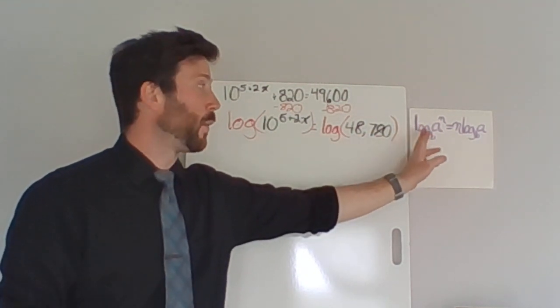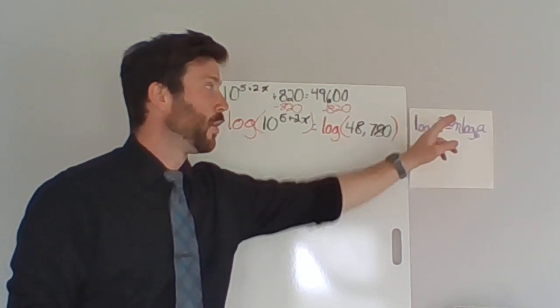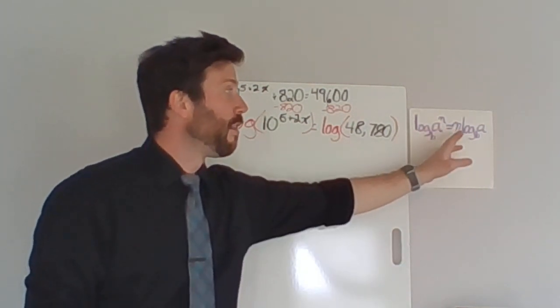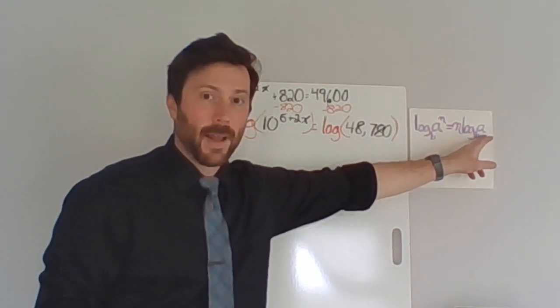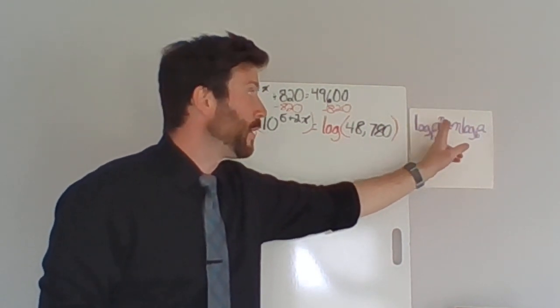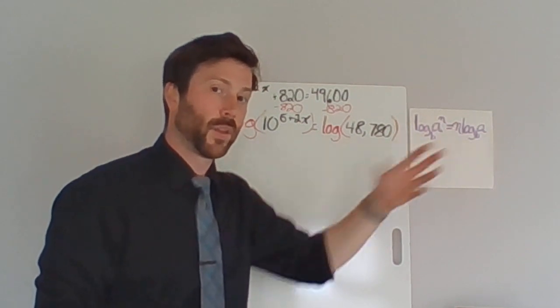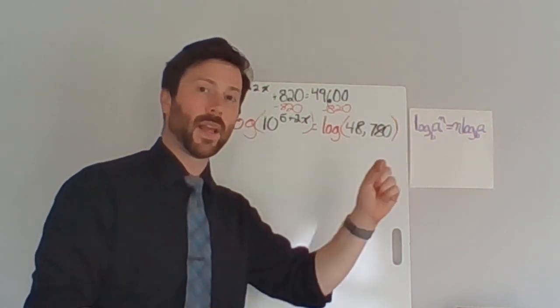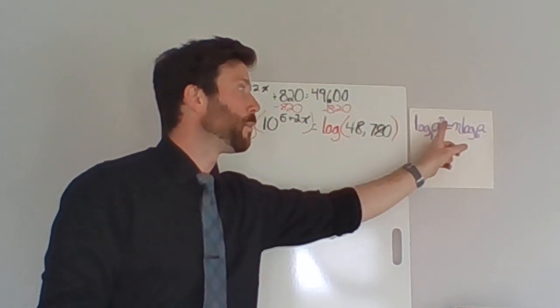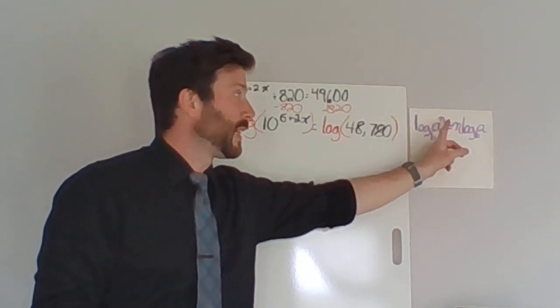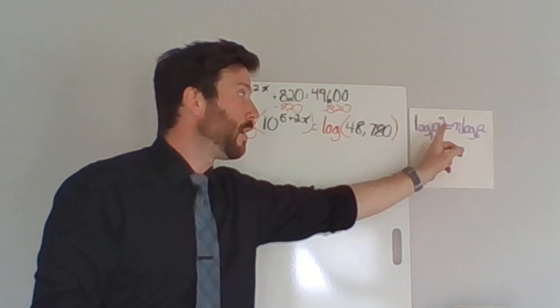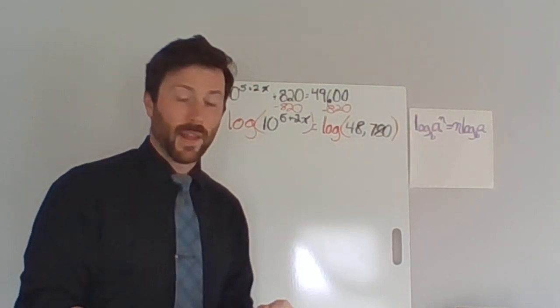If you have log base b of a raised to the power of n, that's equal to n times log base b of a. So if everything in the logarithm is raised to an exponent, you can bring that exponent in front of the logarithm.